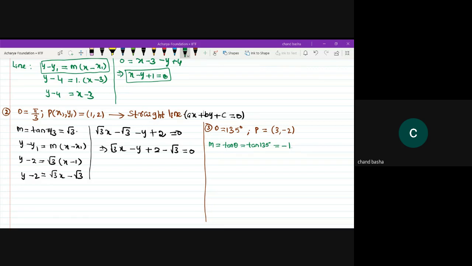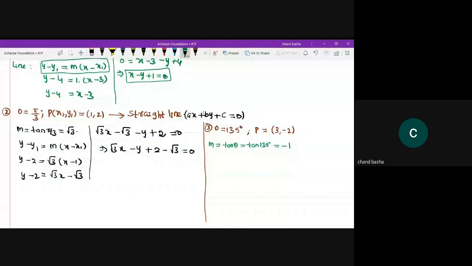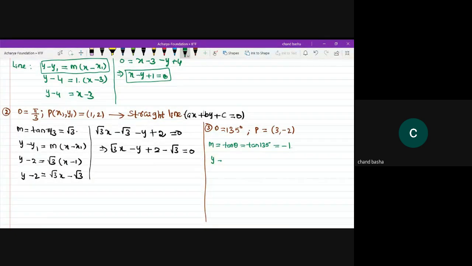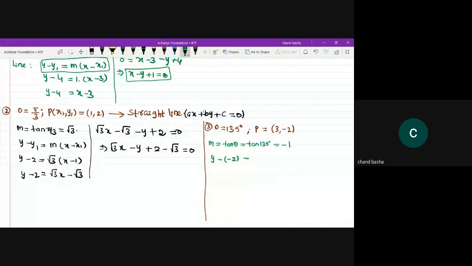Very good, very good. x plus y minus 1. Right. So in this format that he'll ask, I can make use of y minus y1 is equal to m into x minus x1.